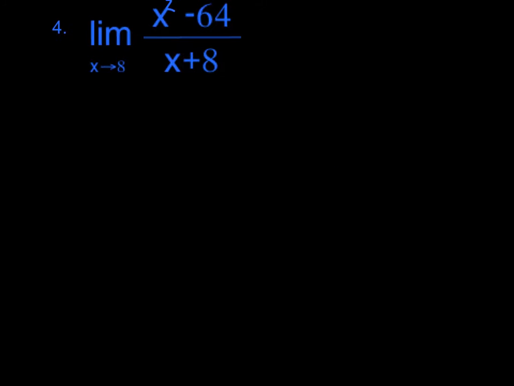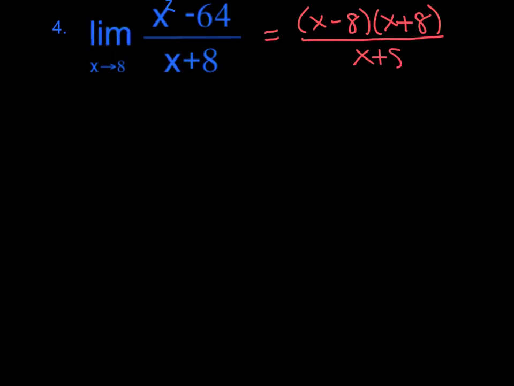All right, so when we look at this one, that's x squared minus 64, by the way, which you should have on your ditto. Just didn't type out too well. I see that in the numerator there, that's the difference of 2 perfect squares. So I'm going to go x minus 8, x plus 8, and then in the denominator I have x plus 8, and then I see that I can cross out a common factor on the top and the bottom.